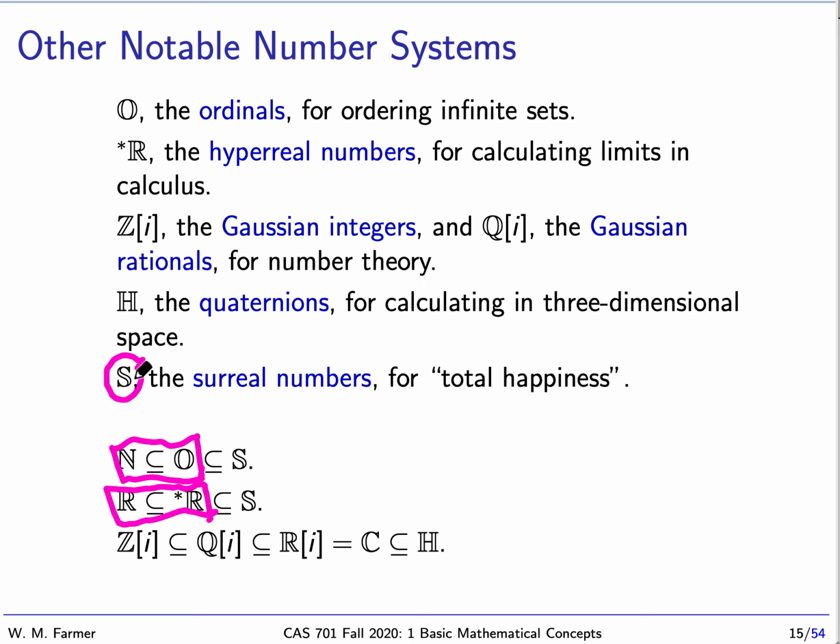The surreal numbers were invented by a very great mathematician, John Conway. We could spend a lot of time talking about him. Unfortunately, he died last spring from COVID-19. John Conway invented the surreal numbers, but one of the first expositions of what they were was a novel written by Donald Knuth.